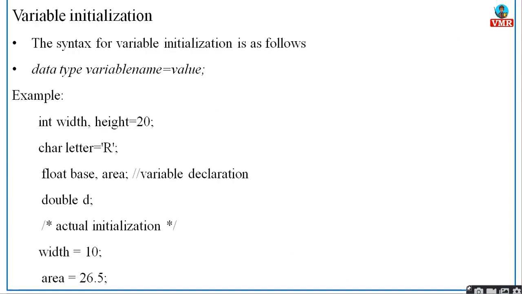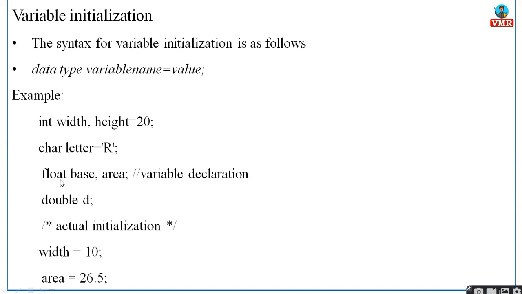And next, we had seen the declaration of a variable. Now we'll see the variable initialization. So the syntax for variable initialization is as follows: data type, variable name is equals to value. So you just see closely in this example, I had declared int width, int height is equals to 20. So int width is declaration, int height is equals to 20 is initialization. And the second also, char letter is equals to r. So this is my initialization, right?